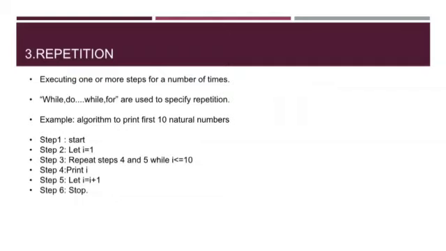Then it will print I; that means steps 4 and 5 are executed. When the condition is false, it goes to the sixth step, that is stop. So this is an algorithm for repetition or loops. This is the information about an algorithm and its features.